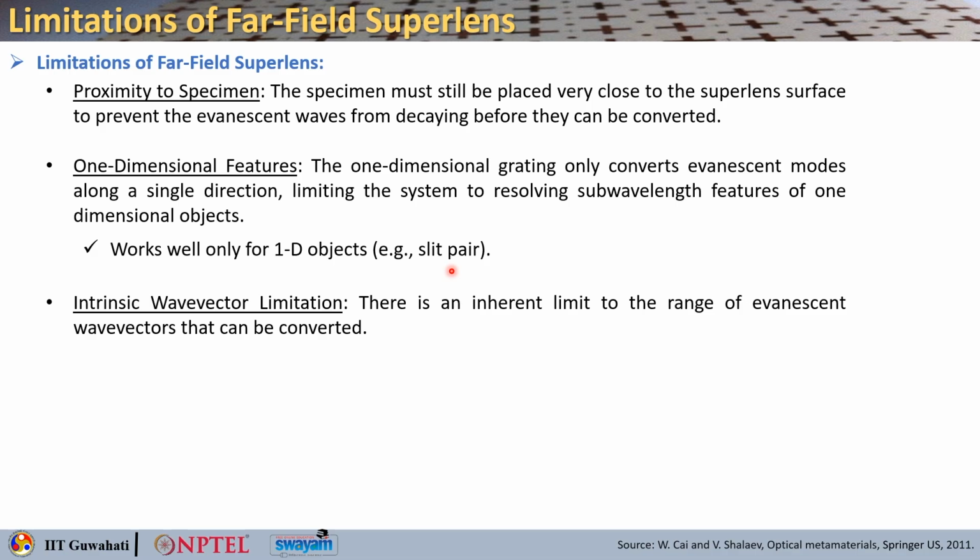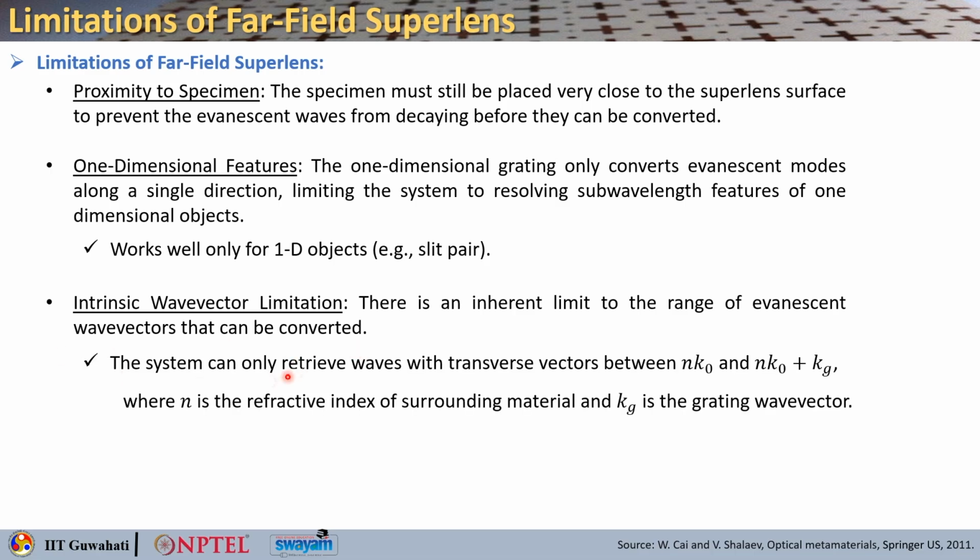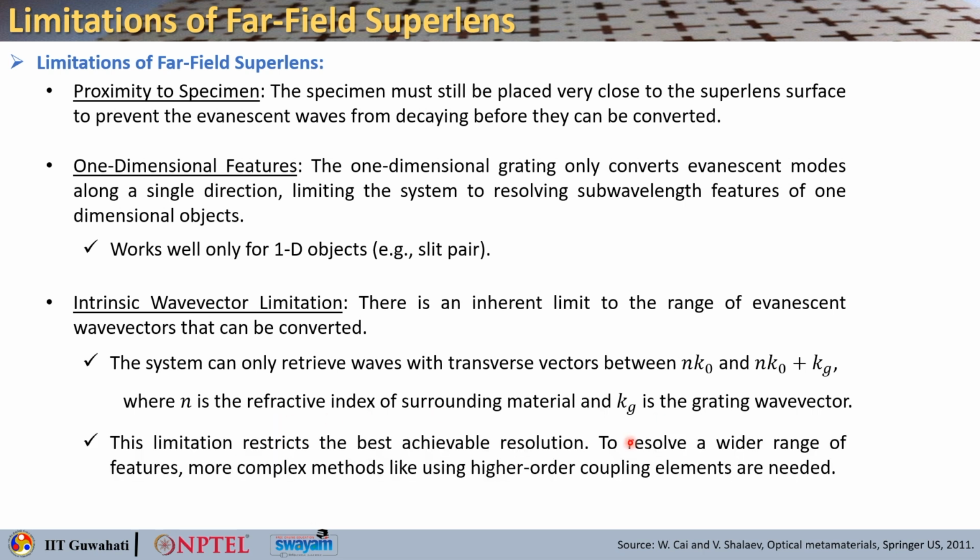When you go for higher dimensional systems, this 1D grating is not going to work. There is an inherent limit to the range of the evanescent wave vectors that can be converted. The system can only retrieve waves with transverse vectors between nk naught and nk naught plus kg, where n is the refractive index of the surrounding material and kg is the grating wave vector.